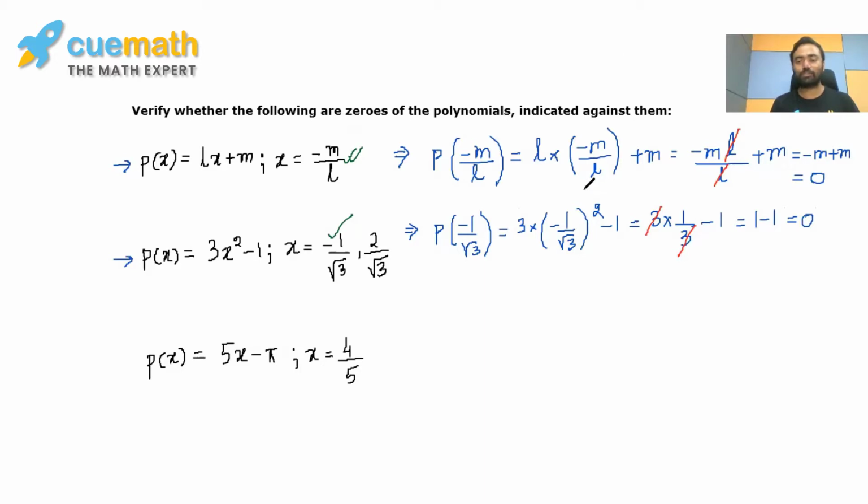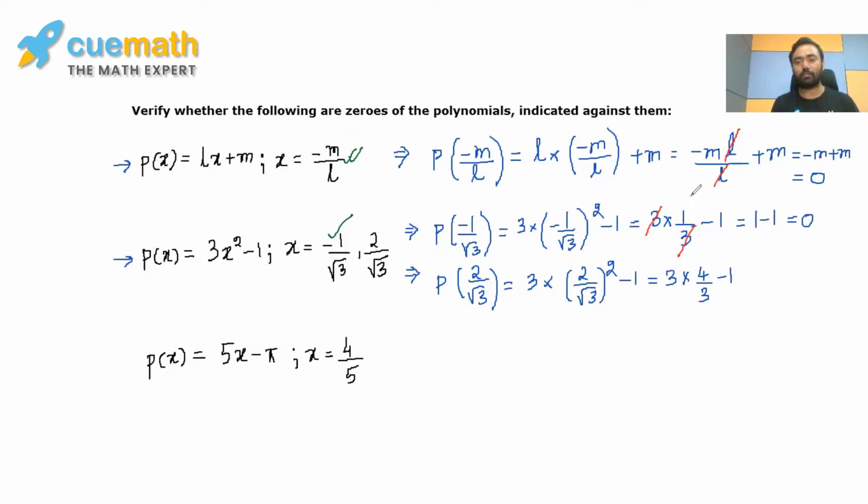Let's check whether the second value given here is the 0 of the polynomial or not. So in place of x, we are going to substitute now 2 over square root of 3, which is going to give us 3 times 2 over square root of 3 square minus 1, which is going to be equal to 3 times 4 over 3 minus 1.